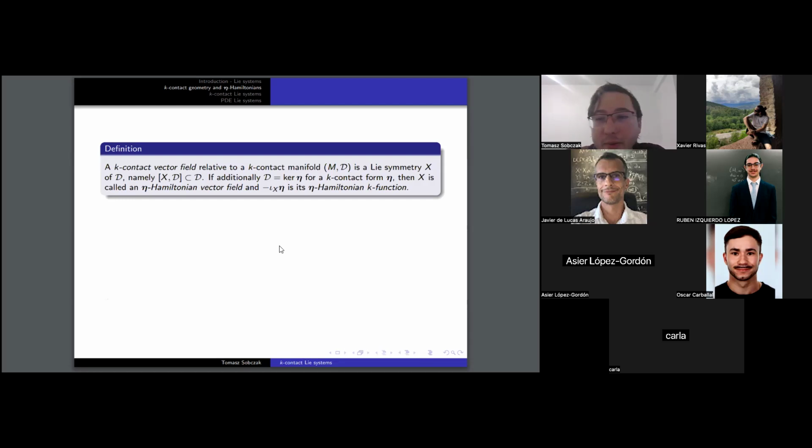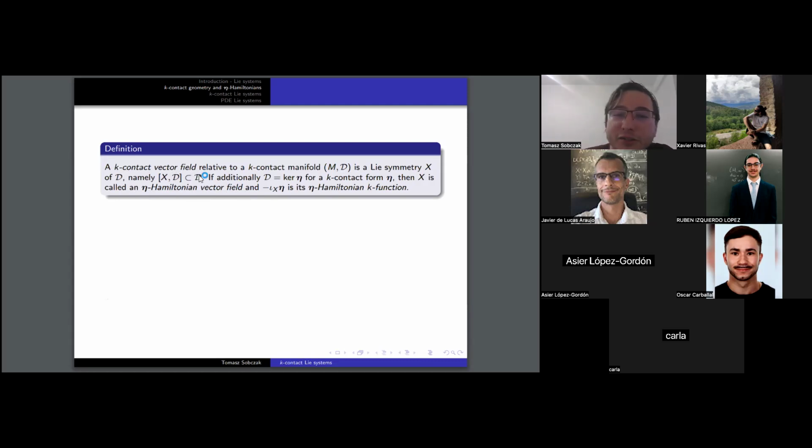As a definition, if we have a k-contact manifold, we can construct the k-contact vector field, which is a Lie symmetry of D, namely exactly what I said before. This is maybe the shortened version: the commutator of X with any element of D stays in D. This is the definition of the k-contact vector field.